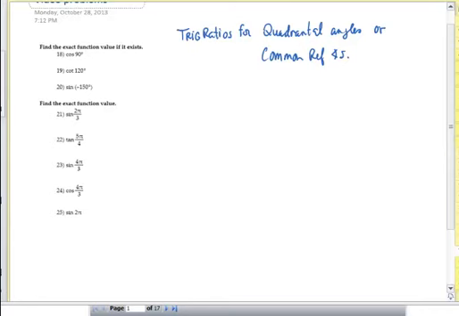So the first thing you need to do is, on each one of the angles that I give you, determine if it's a quadrantal angle or if it's a common reference angle, meaning 30, 45, or 60 degrees. And we have a few ways to do that.